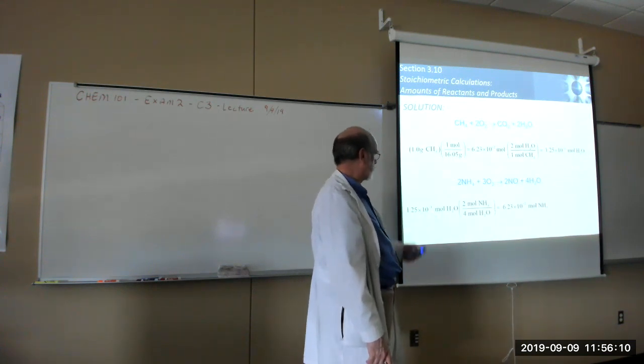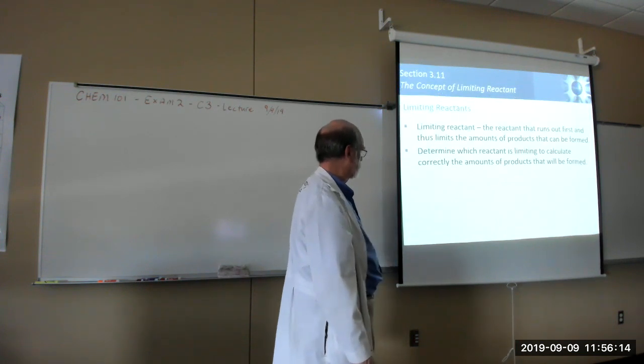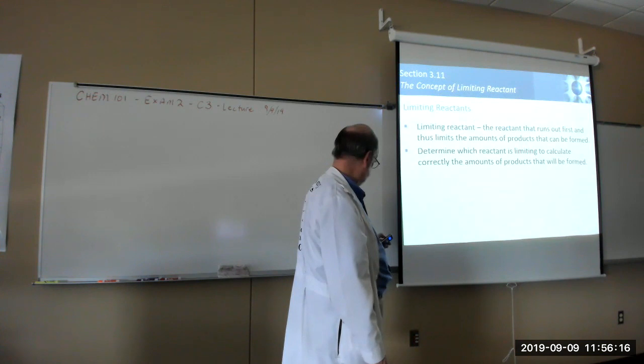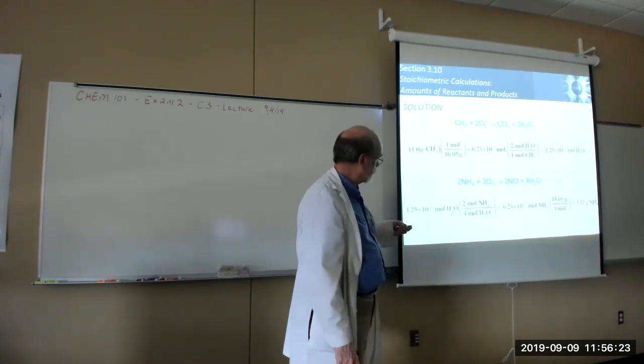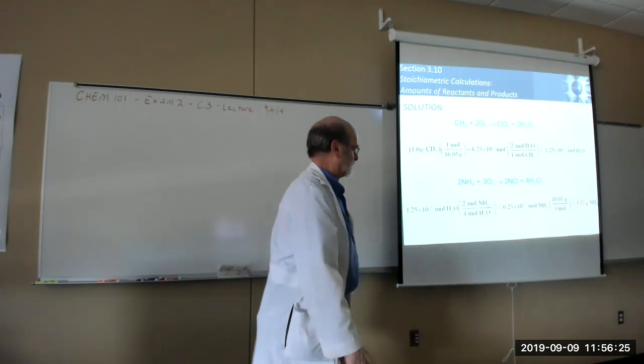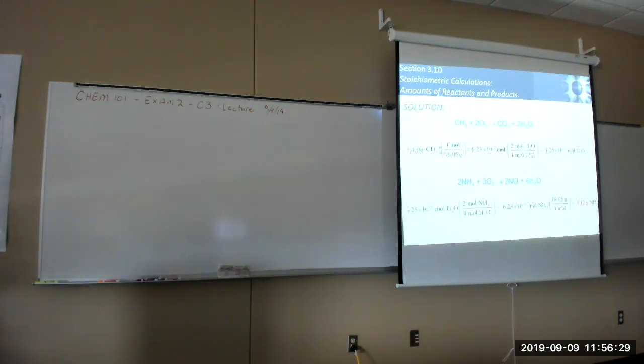So there's your ammonia. Oops, sorry. Backwards. Here we go. And we take the ammonia and convert it back into grams. So it's really not as difficult as you might think at first glance. Just break the problem down into small pieces.